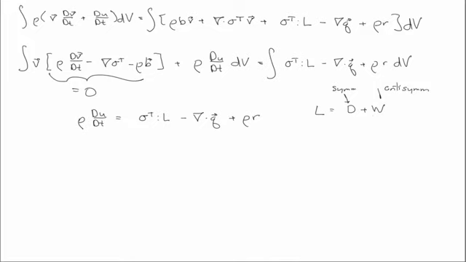So therefore, sigma inner product W is equal to 0. Any symmetric tensor inner product with an anti-symmetric tensor is 0. So that just leaves D, right? So the final form will be rho du dt equals sigma inner product D minus divergence of q plus rho R, since sigma is symmetric.